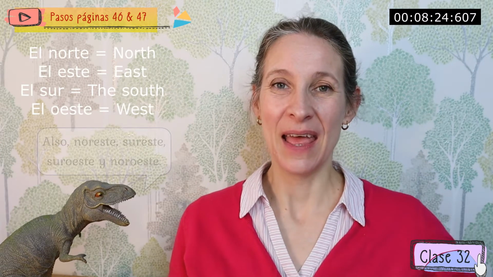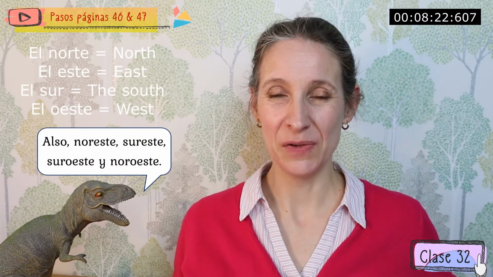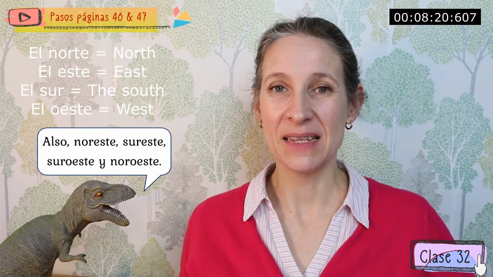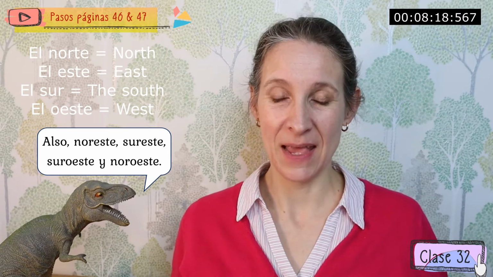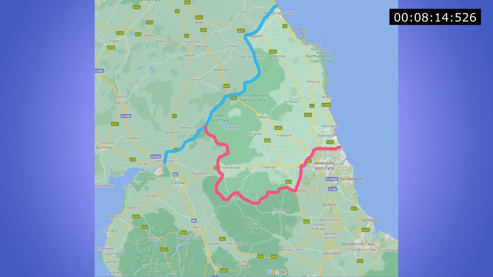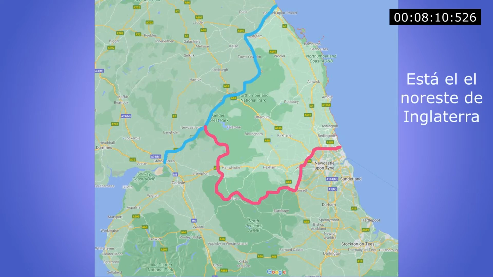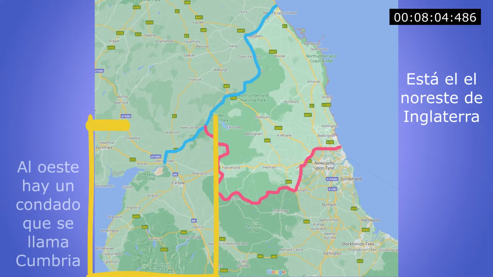What we're going to do is think about el norte, el sur, el este y el oeste. Por ejemplo, mi condado está en el noreste de Inglaterra, the northeast, y al oeste, which means to the west. Al oeste hay Cumbria.